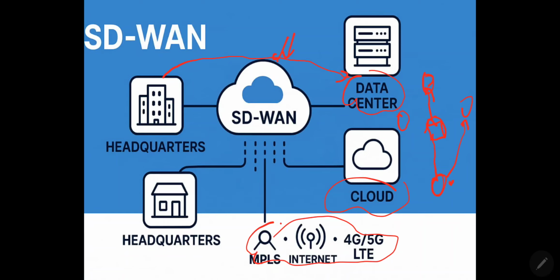So if you use SD-WAN, your data can be transferred very fast because the latency is very small.